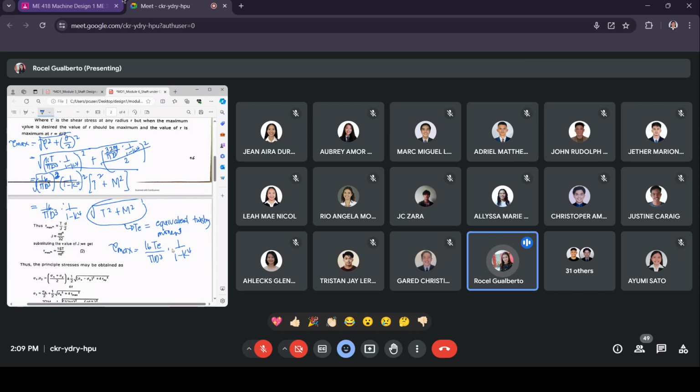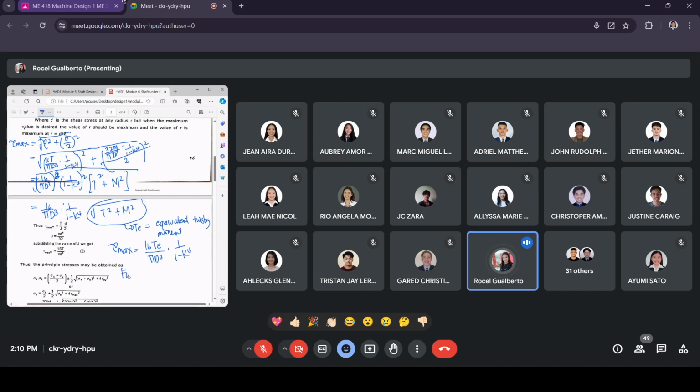And if you look at this equation, this is somewhat similar to the pure torsion. Pure torsion simply is 16T over pi d cube. Since this is combined, instead of T, we make use of TE, which is the equivalent twisting moment, square root of T squared plus M squared. So this is our tau max, the maximum shear, and this is an induced stress.